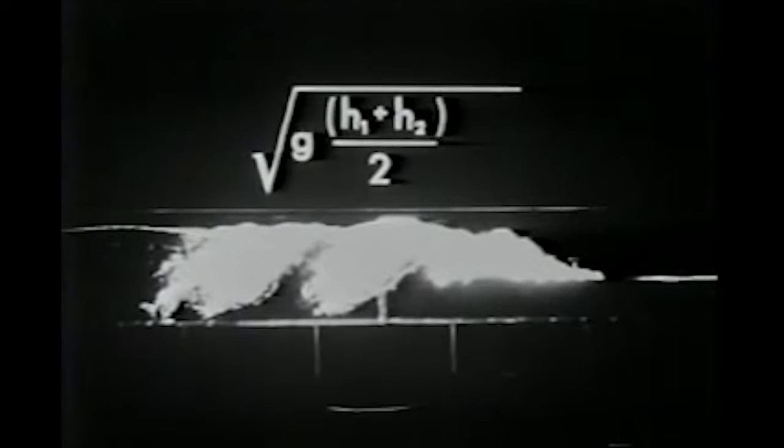In fact, it can be shown that large amplitude wave speed, that is the speed of a positive surge wave, depends upon the depths ahead and behind as follows. Square root of g times the average depth times the ratio of the depths.